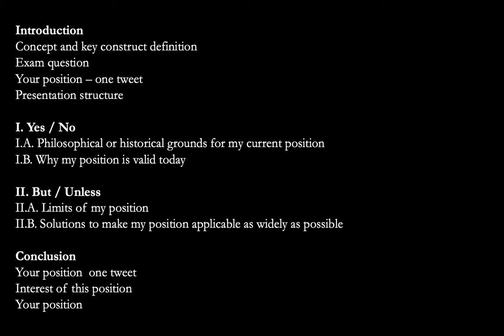So here, with the second section, the but if your answer is yes, or unless if your answer is no, the second section is here to show that you are conscious this position is far from perfect, but you are working towards making it acceptable, making it as applicable as possible.